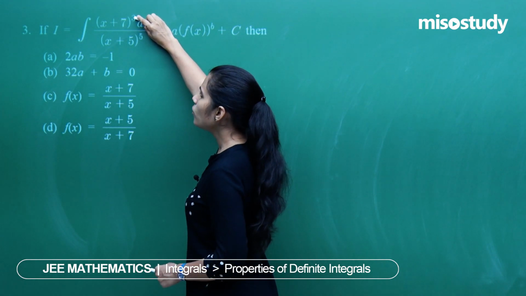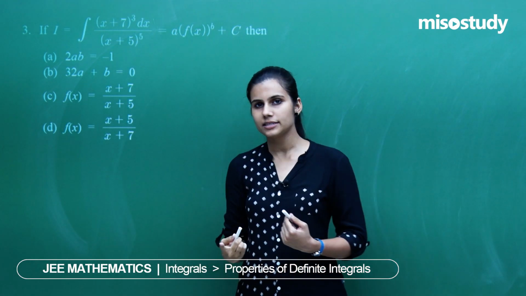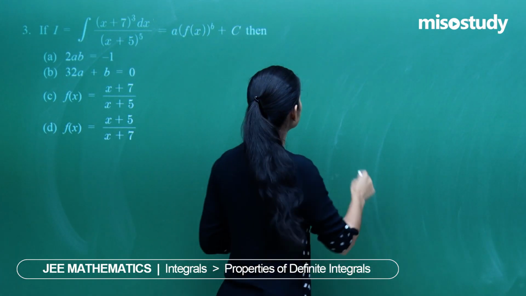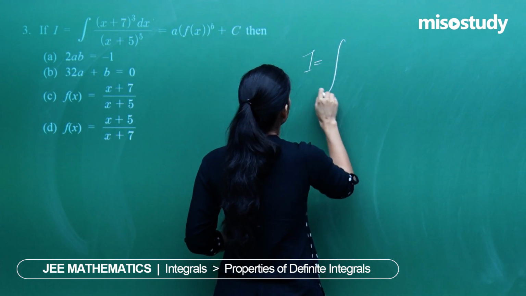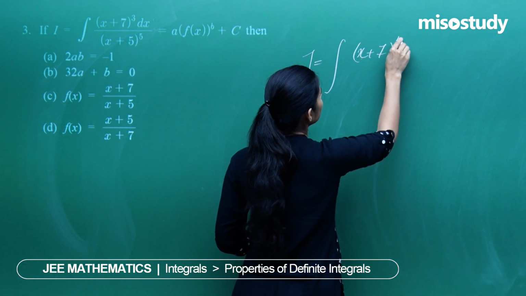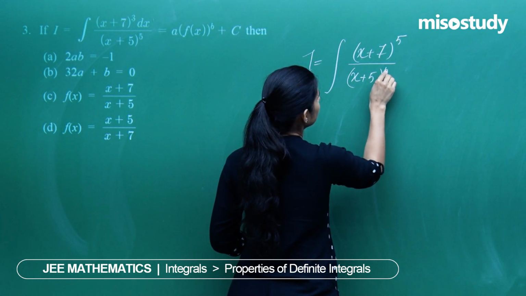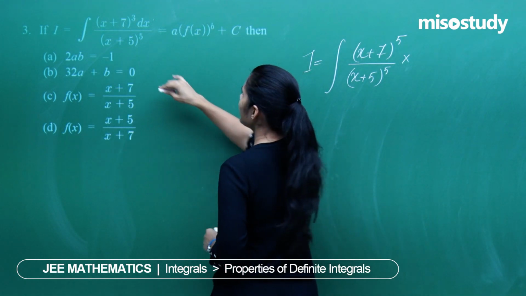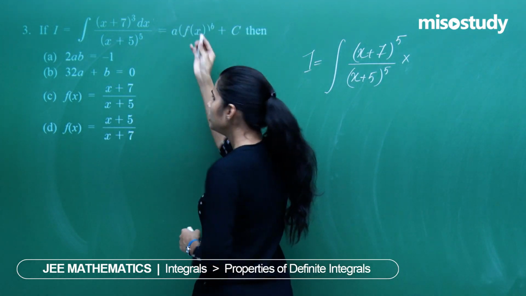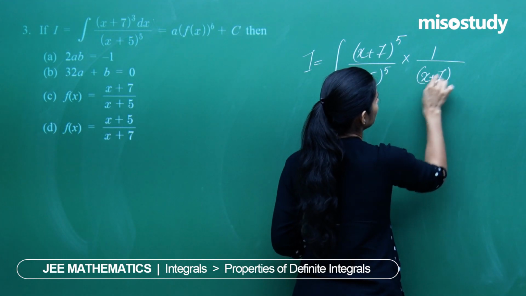If I have 2 more of x plus 7s, I am going to get x plus 7 and x plus 5 both having the same power 5. So let's do that. This will be (x plus 7) whole to the power 5 upon (x plus 5) whole to the power 5. I have multiplied by (x plus 7) whole square, so I will be dividing also by (x plus 7) whole square.